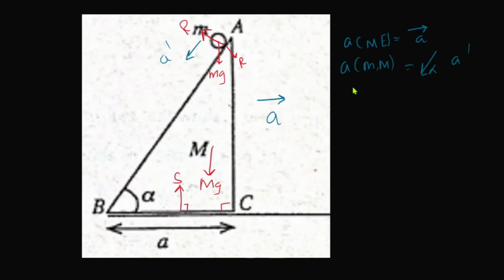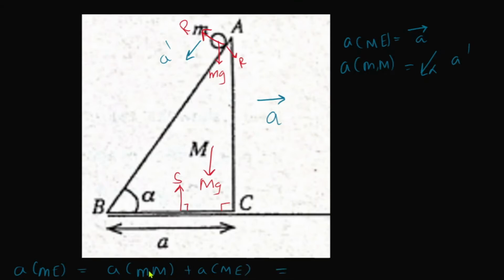But what we need is the acceleration of the particle relative to earth. How do we get it? Acceleration of the particle relative to the wedge plus acceleration of the wedge relative to the earth. This is the equation.